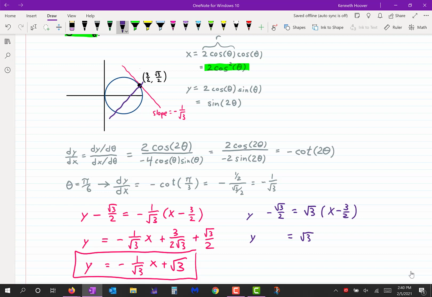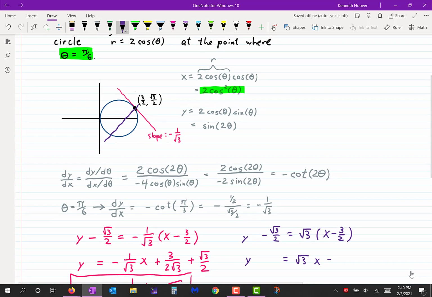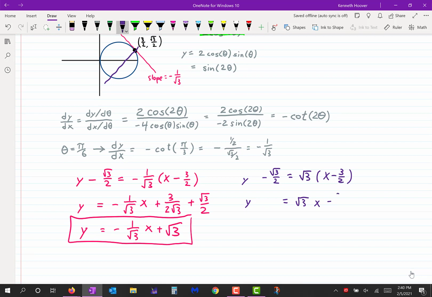It gives root 3 times x minus 3 root 3 over 2 plus root 3 over 2. So that would be square root of 3 times x.